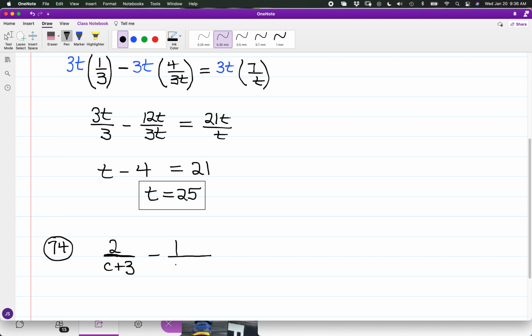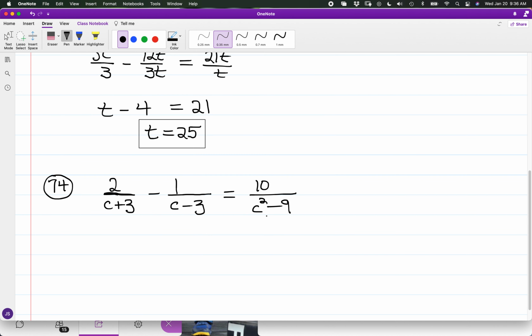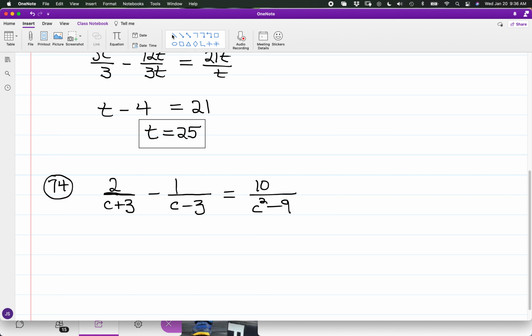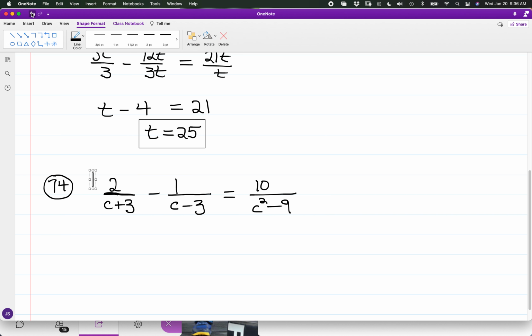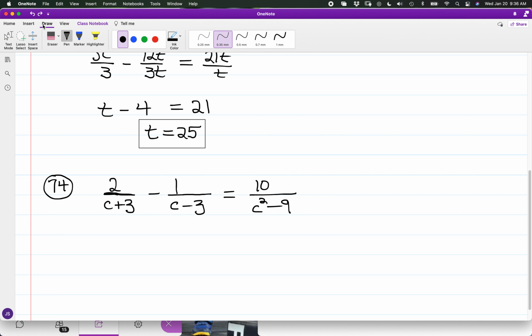Right now we have 2 over c plus 3 minus 1 all over c minus 3, and we have is equal to 10 over c squared minus 9. For the last denominator, we have a difference of squares that will factor out to the previous two denominator expressions.